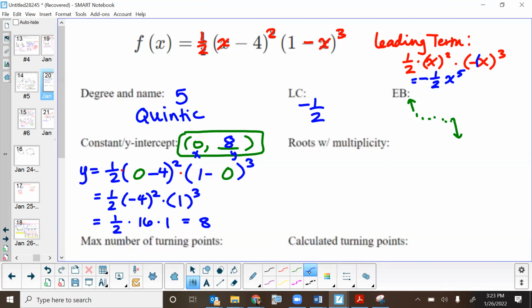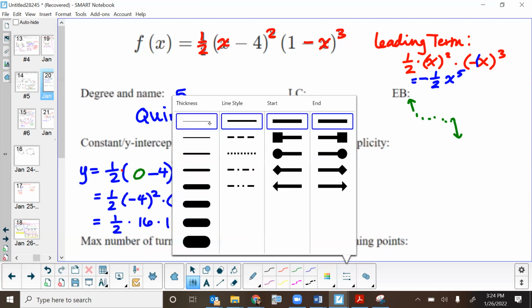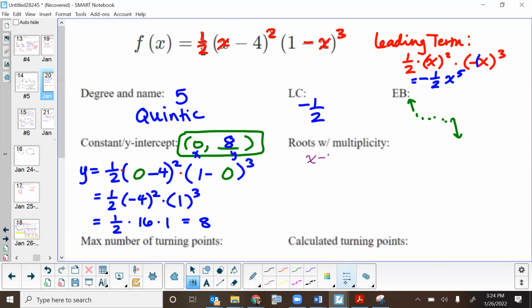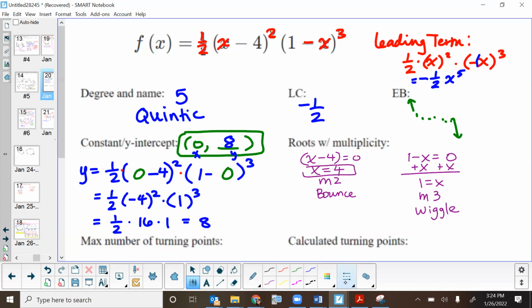For the roots, I will set each factor equal to 0. So those are my two roots.